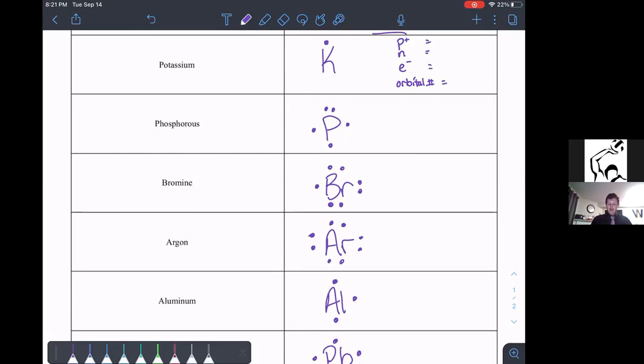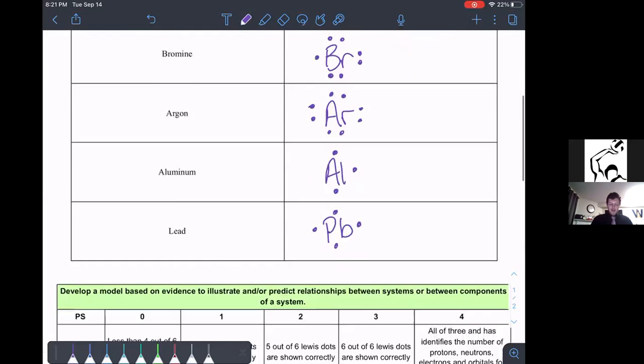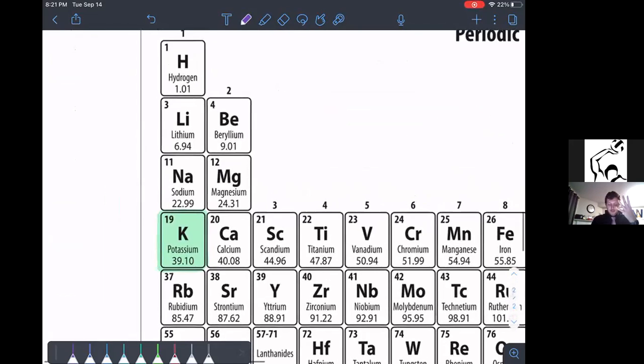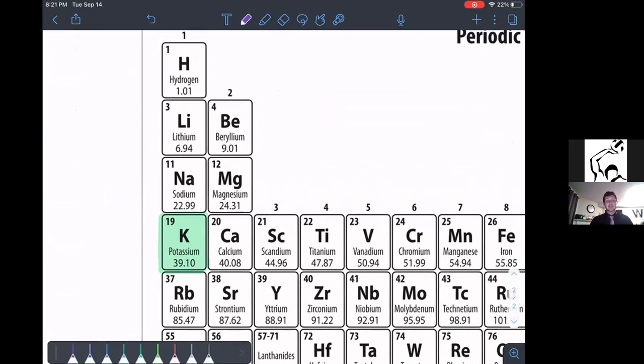If we looked at potassium, potassium down here is in row 4, which means it has 4 orbitals. Its atomic number is 19, which means its number of protons is 19. Its number of electrons is 19. And our mass number minus protons gets us neutrons.